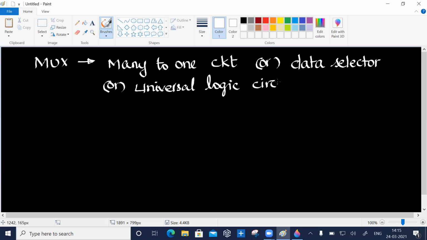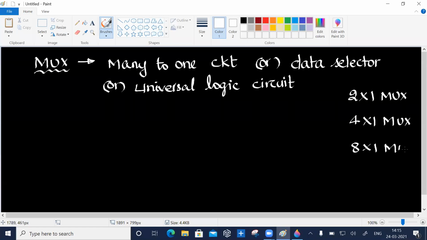And you have most of the GATE questions based on this topic. That is multiplexer, and then also you have demultiplexer, mux and demux. So many to one circuit or data selector or universal logic circuit. Now see, for example, you are saying here 2 by 1 mux. Similarly, you can say 4 by 1 mux, and then 8 by 1 mux.